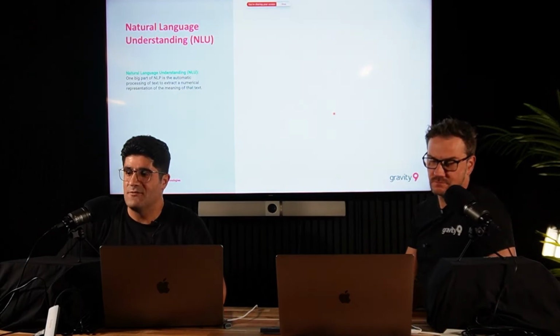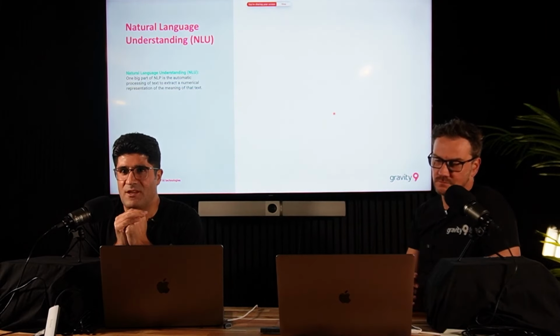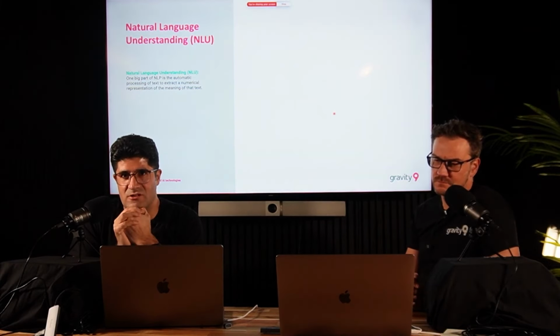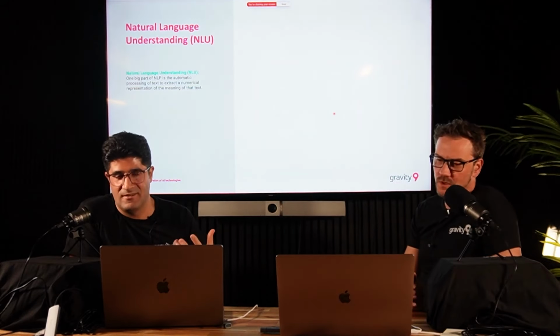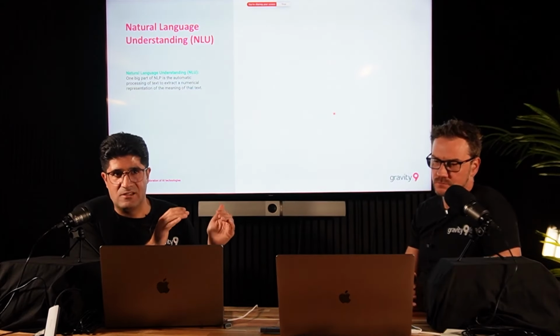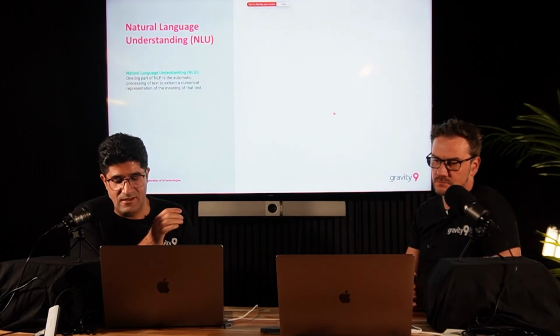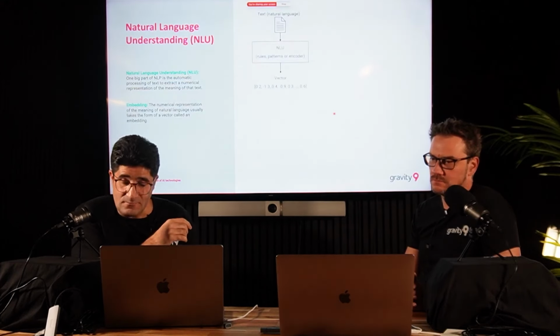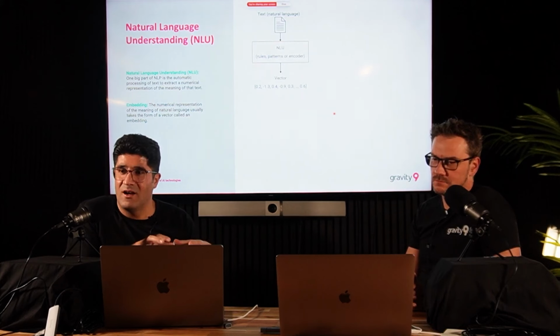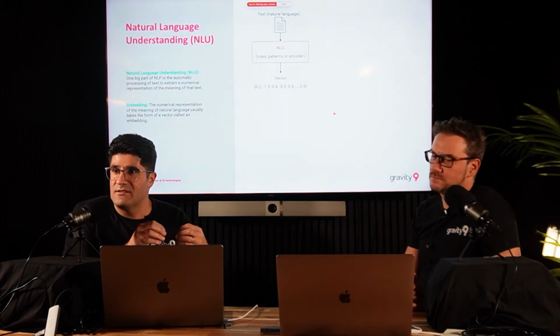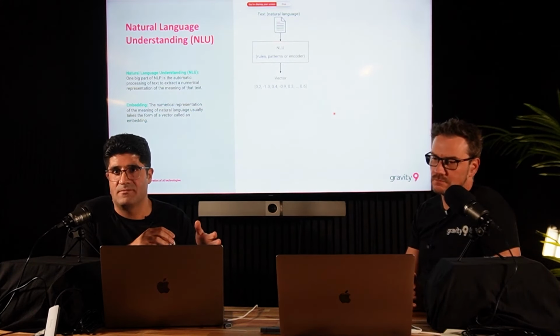Before doing anything, a system needs to understand our language. So how can we create a system that can understand? We have NLU, natural language understanding. In fact, computers cannot calculate or process anything other than numbers.